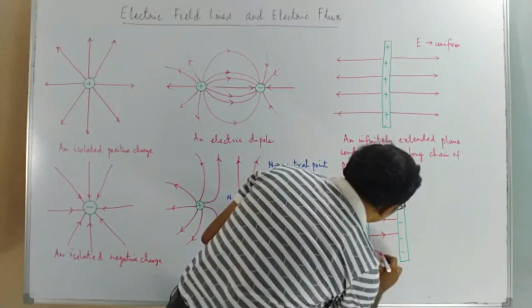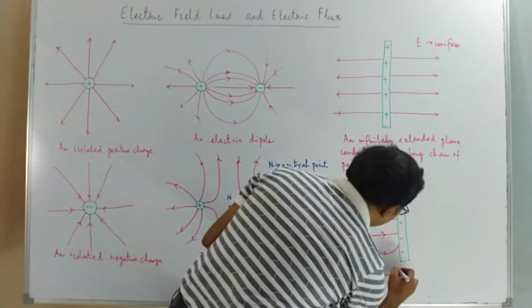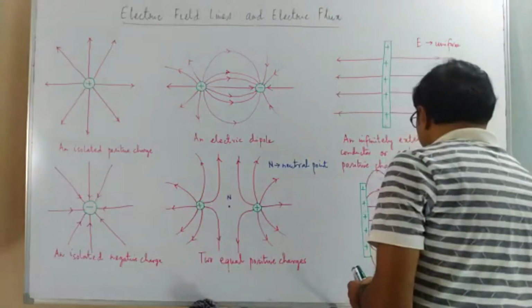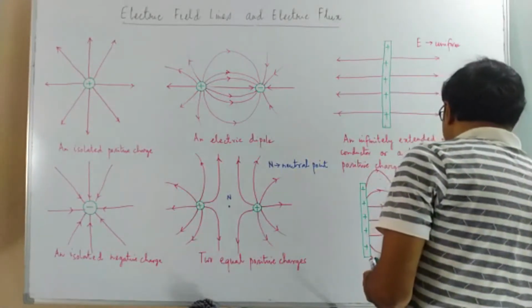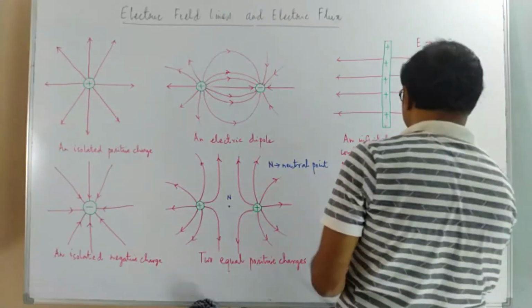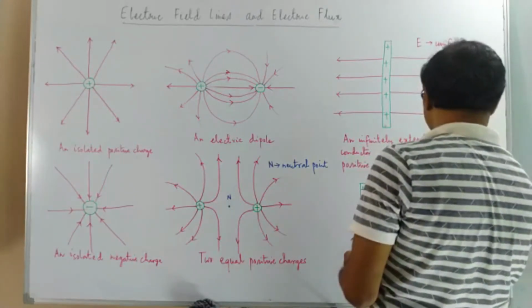That means we get non-uniform electric field. So what you see is that here electric field is uniform and here electric field is non-uniform.